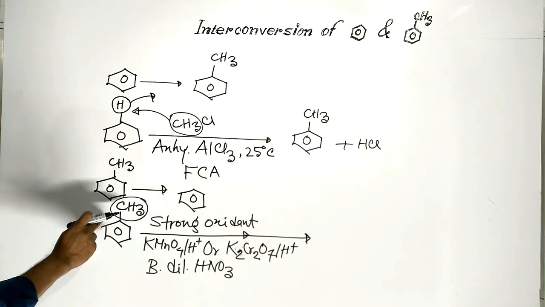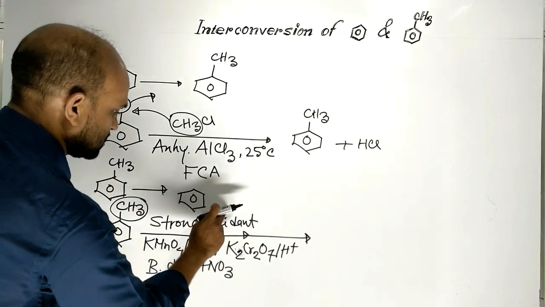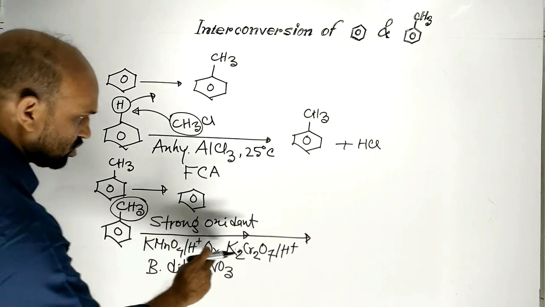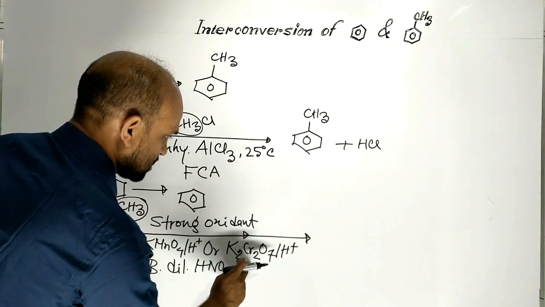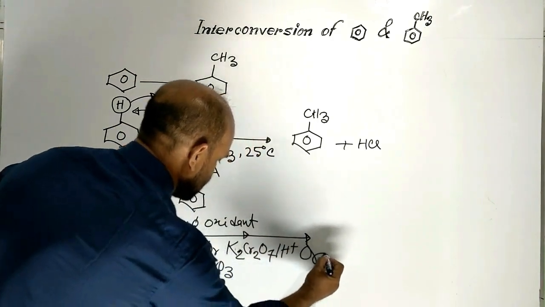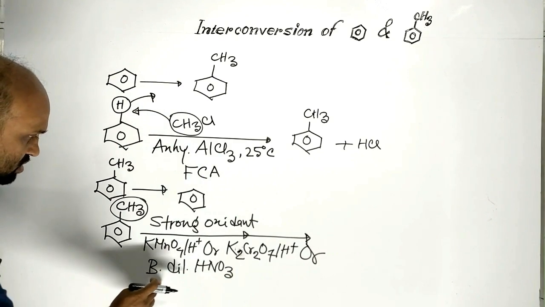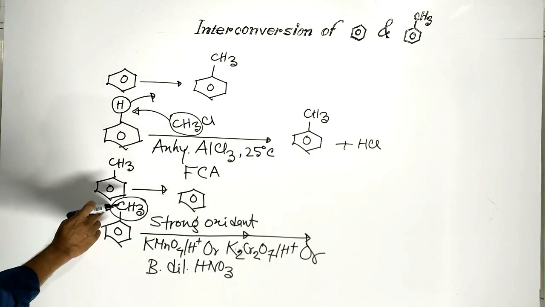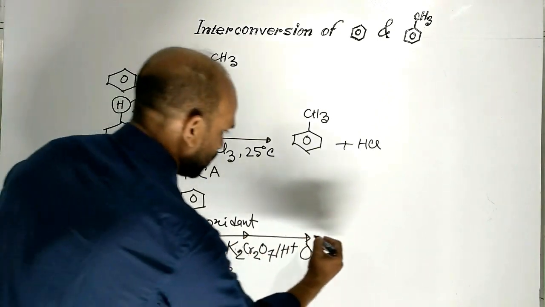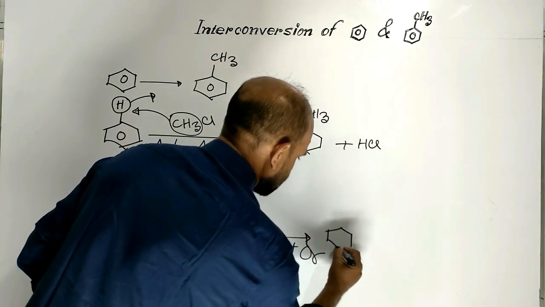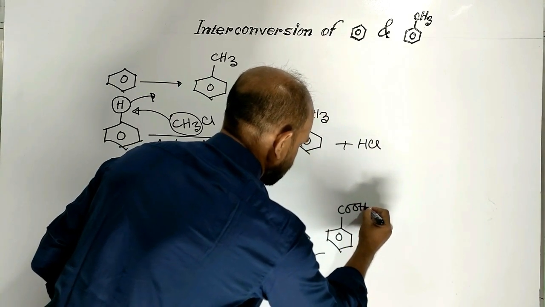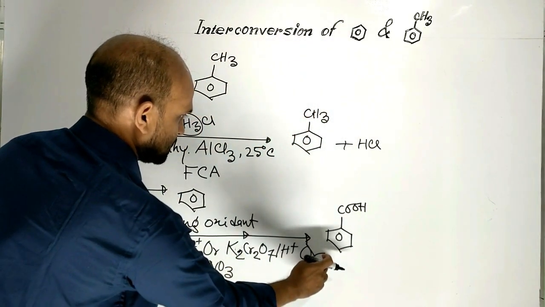In this case, we have to use strong oxidant like acidic potassium permanganate or acidic potassium dichromate, or we can use boiling dilute nitric acid to oxidize side chain of toluene to form benzoic acid.